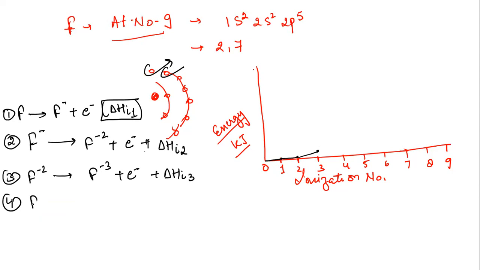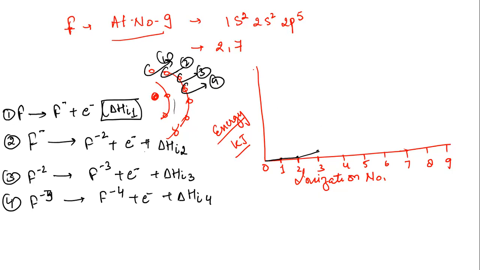In the case of the fourth, F minus 3 will give you F minus 4 plus an electron, that becomes delta H I 4. So the first electron, second electron, third electron, and when the fourth electron is removed, it will be a little bit higher than this one.